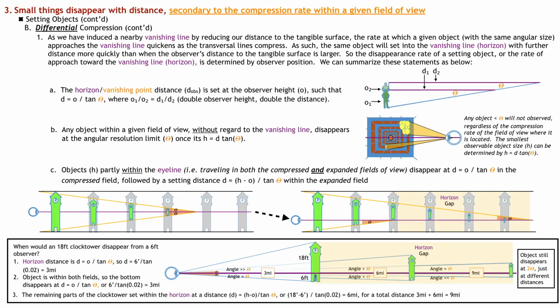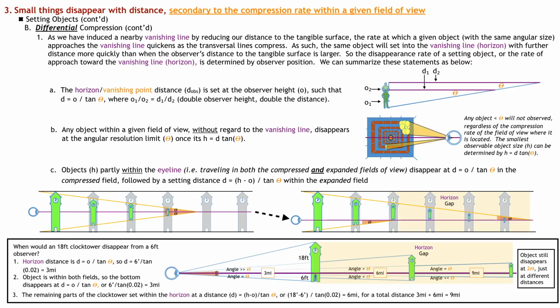So when would an 18-foot clock tower disappear from a 6-foot observer? That's the question. So we're going to first set our horizon distance. The first part is d equal to the observer height divided by tangent theta. So we have distance equal to 6 feet divided by tangent of 0.02, which gets us 3 miles. So we're going to be able to see 3 miles along the ground.